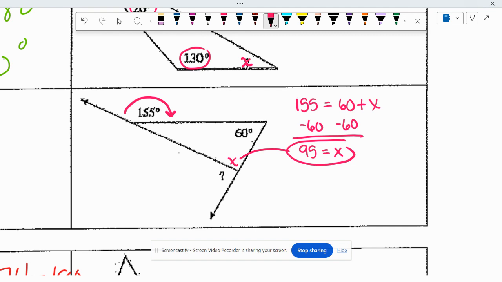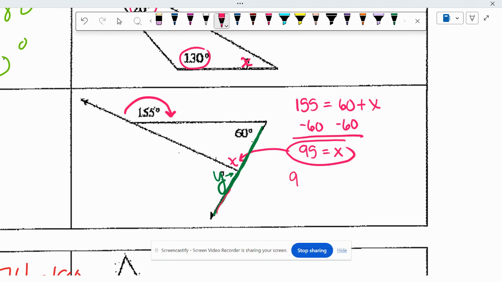So this measure right here is 95. So what is this measure? That's the one that it's really asking for. What do these two angles form? They form a linear pair, which equals what, Colt? Pick your head up. What'd you say a linear pair was earlier? You shouted it out. 180.